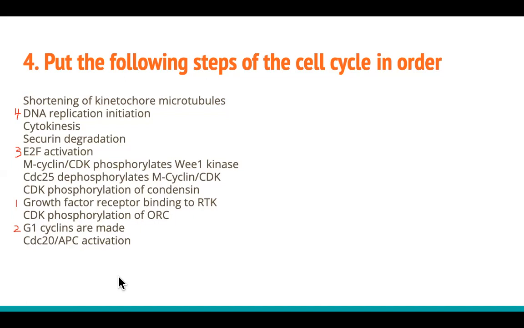So if replication started, we don't want replication to happen again. So what would be something that we could do? Is it CDC20? No. I think it's cyclin CDK phosphorylates WEE1, or is that the positive feedback loop though, right?